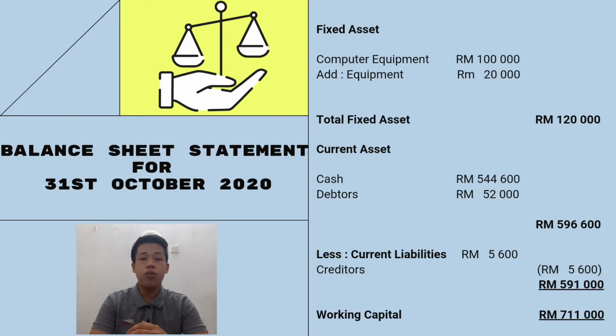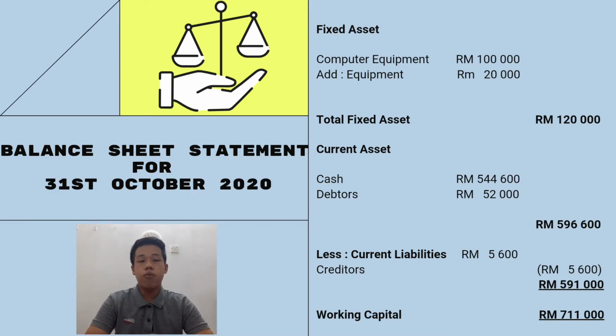I will talk about the balance sheet statement for 31st October 2020. Let's go through fixed assets first. We have computer equipment about 100,000 ringgit and equipment about 20,000 ringgit. For the total fixed assets, we have 120,000 ringgit. Next, the current assets: we have cash about 544,600 ringgit and debtors about 52,000 ringgit.